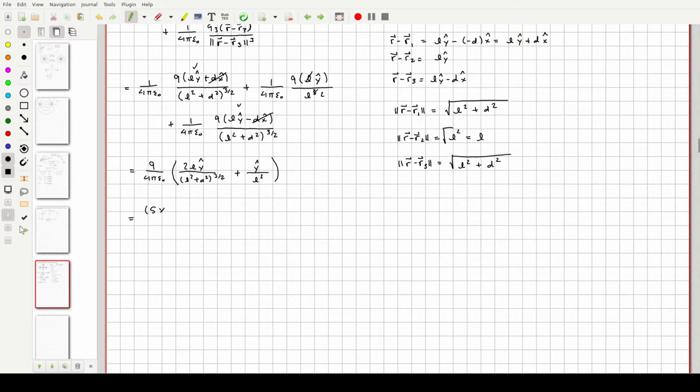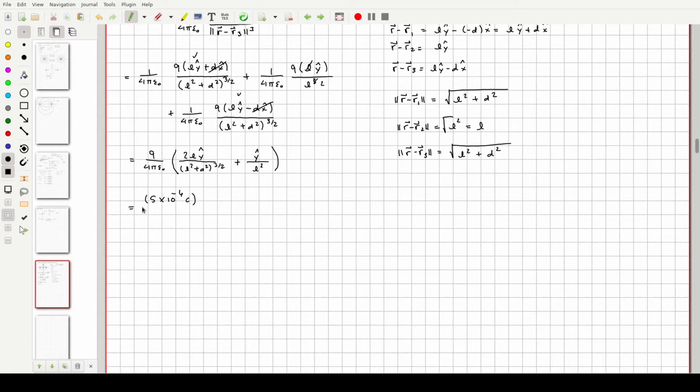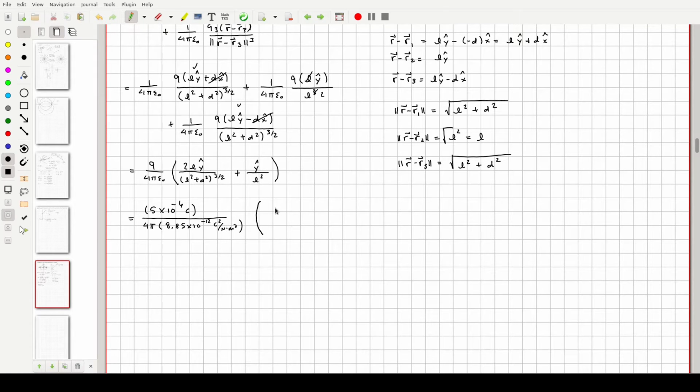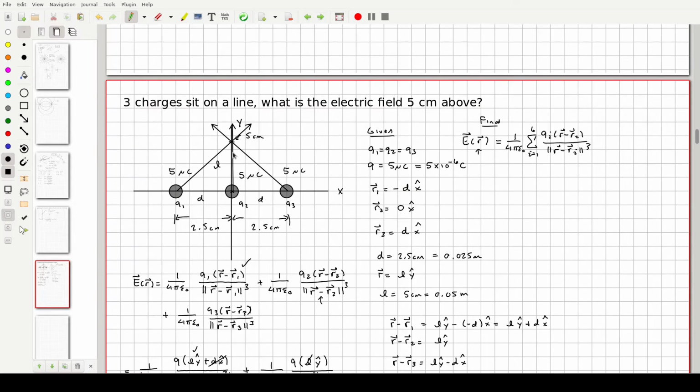Q is 5 microcoulombs. 5 times 10 to the minus 6 coulombs, remember? We have a 4 pi epsilon naught, 8.85 times 10 to the minus 12th coulomb squared per Newton meters squared. Then, let me put the y hat there. Like I said, I'm pulling it out. Then, we have 2 times L. L, remember, is how high above this thing is.